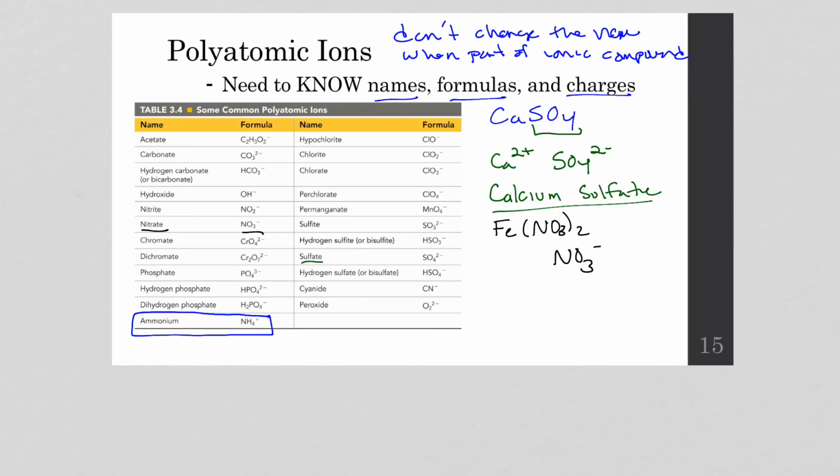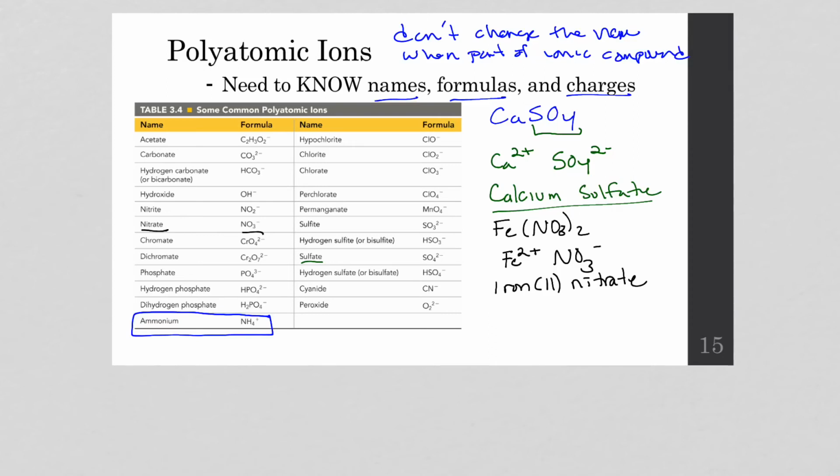So that means the iron, to balance out, must be a +2 charge. So now I can go ahead and write out the name. I have iron. So it's a transition metal, so I'm going to have to use a Roman numeral. So iron 2 nitrate.